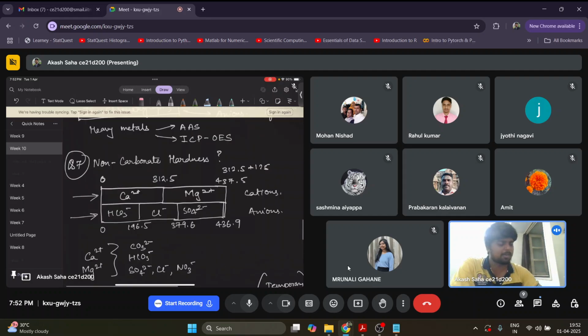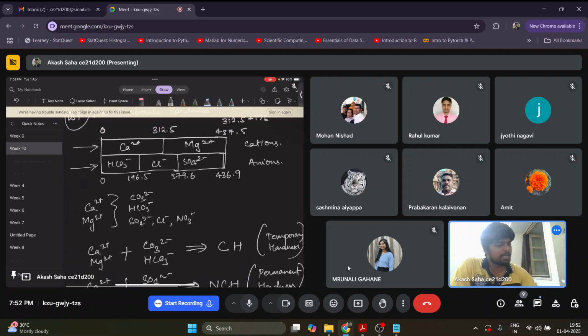Now we will come back to this diagram again. Okay. Now see this diagram and tell me what will be the carbonate hardness. See, carbonate hardness means whenever my multivalent cation like Ca2+ or Mg2+ combines with carbonate or bicarbonate, it is called carbonate hardness.